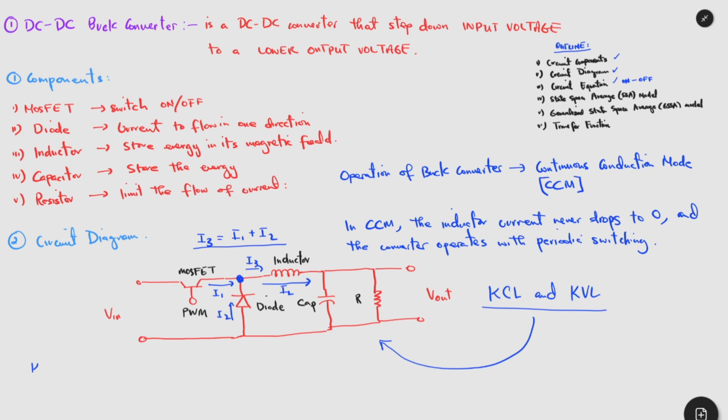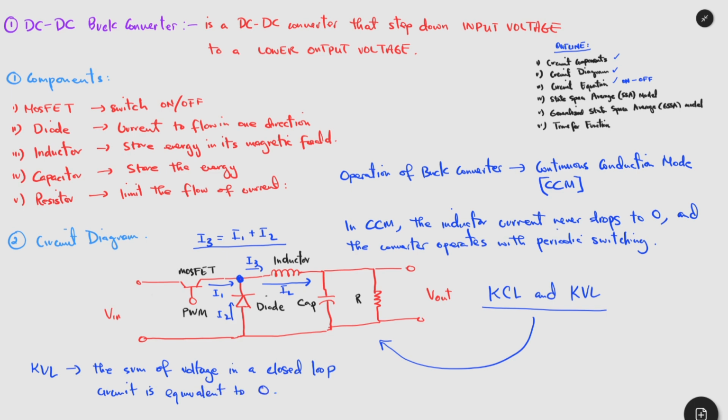And the other one is the KVL. So what does this KVL mean? In Kirchhoff voltage law, it says the sum of voltage in a closed loop circuit is equivalent to 0.